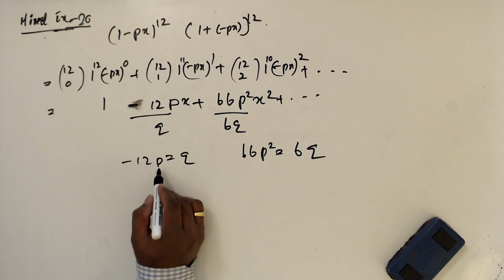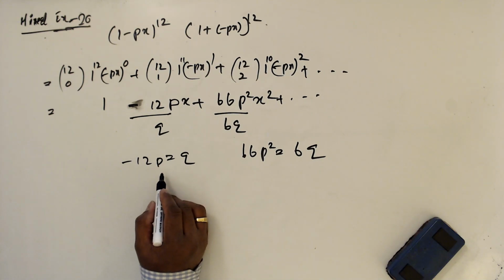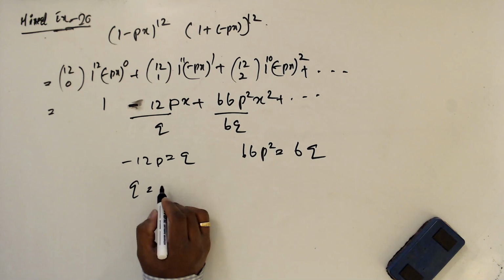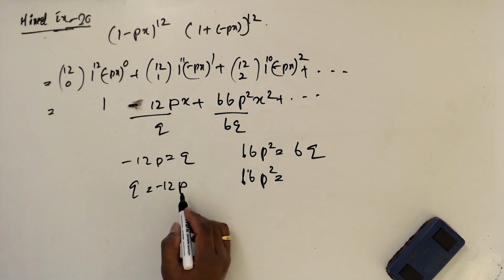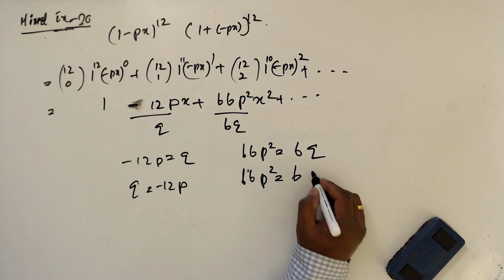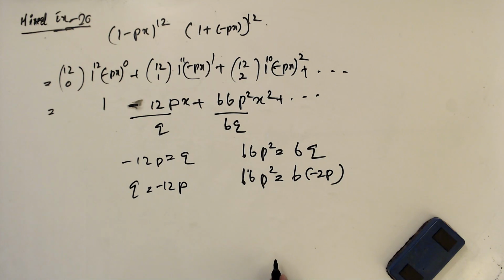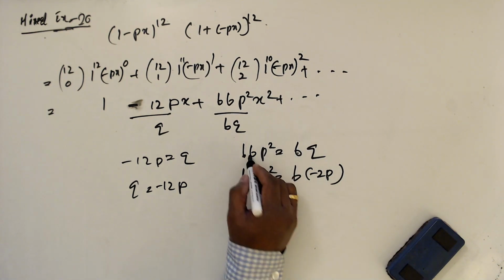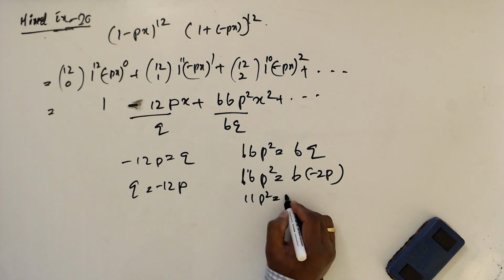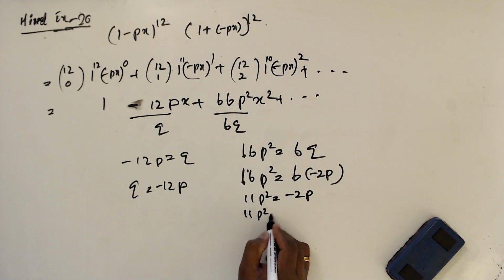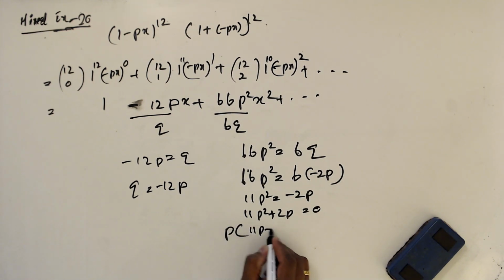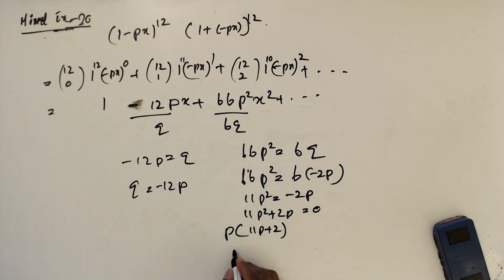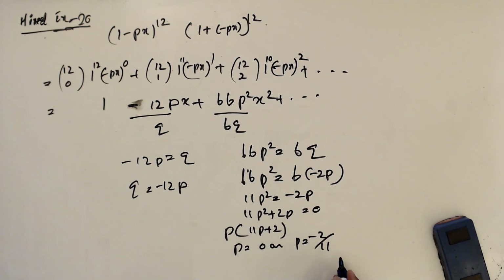Now from here I can find q equals minus 12p, then 66p square equals 6 times minus 12p. So when I divide by 6, this is going to be 11p square equals minus 2p. 11p square plus 2p equals 0. When I take p out, this is going to be p times 11p plus 2. Now p equals 0 or p equals minus 2 over 11.